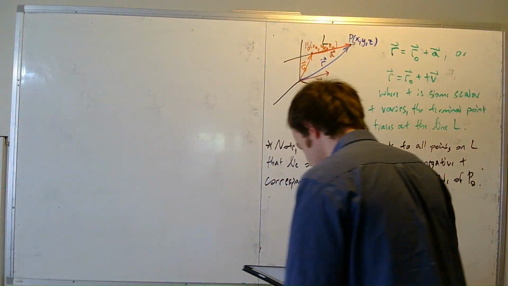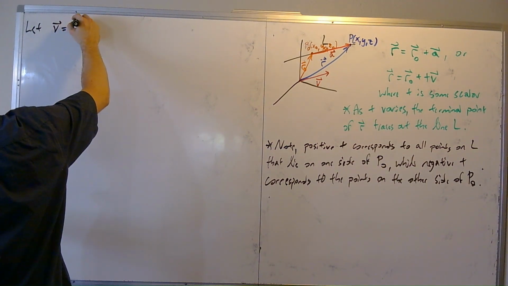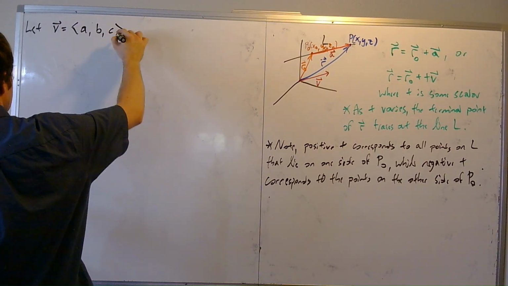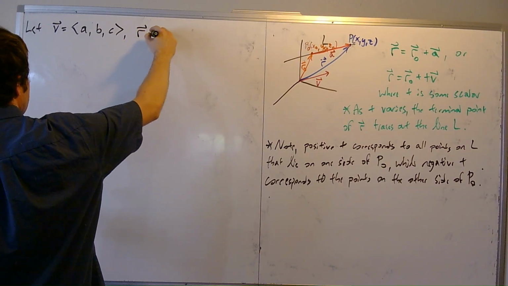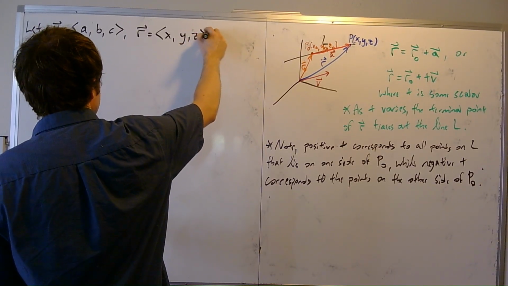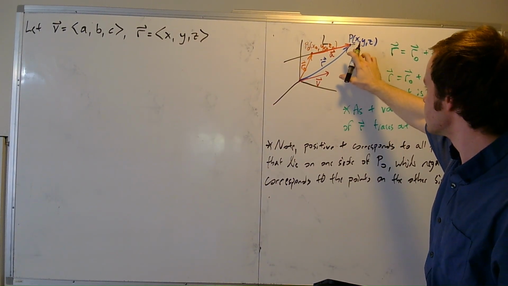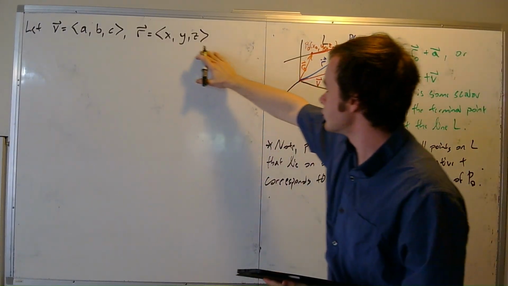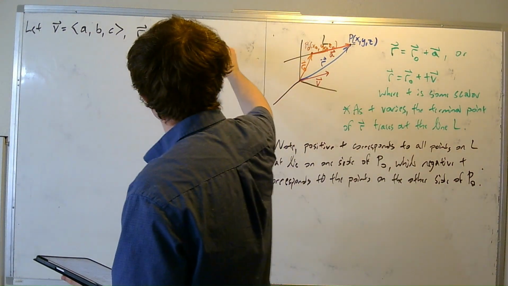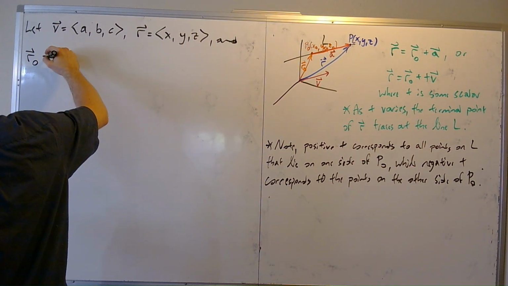So let's say V is equal to the vector with components A, B, and C. And R is equal to the vector with components X, Y, and Z. Remember, R is just the position vector of this point, and the way we turn this into a position vector is we take the same coordinates and just turn the point into a vector, and that's going to be the position vector R. Okay, and if we wanted to write R0 out, then we would do the same thing.